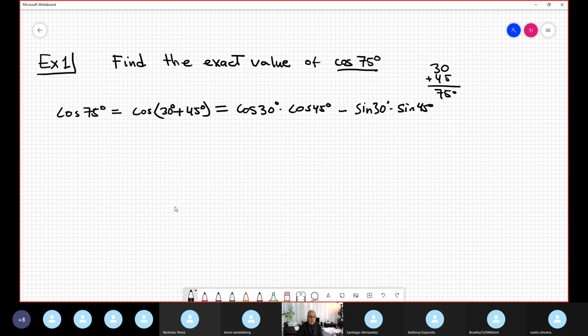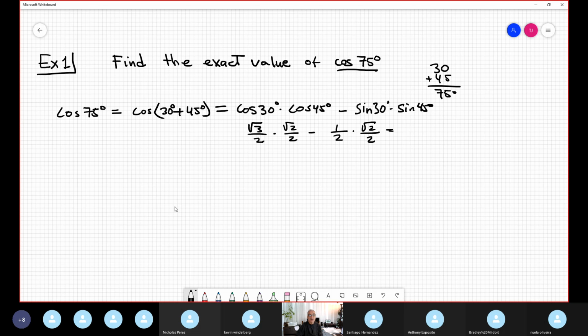I know by memory or by looking at the table, the unit circle, the way you prefer: cosine 30 degrees is radical 3 over 2, multiplied by cosine 45 degrees, radical 2 over 2, minus sine 30 degrees, which is 1/2, times sine 45, again radical 2 over 2.